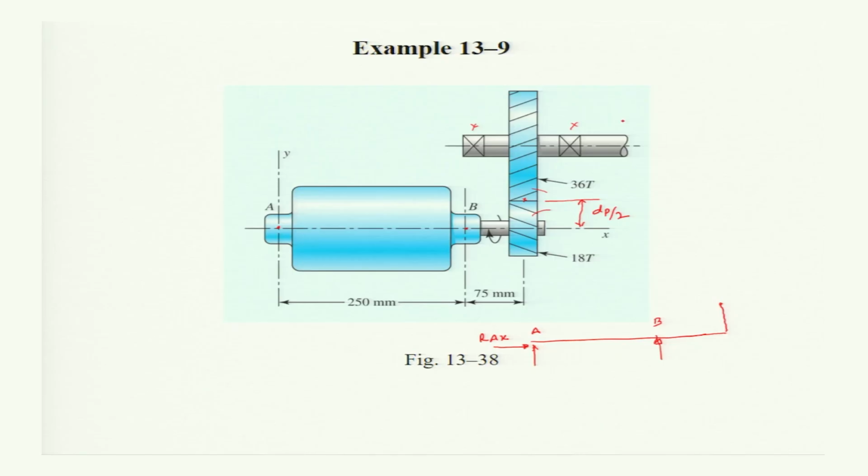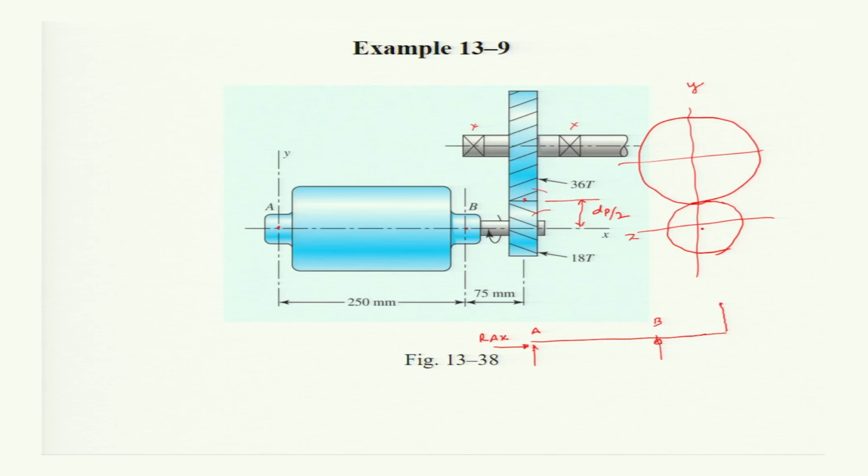Now, when you draw the side view, it will look like this. This is the pinion and this one is the gear. The gear is drawn smaller, and it is viewed from the positive x-axis, which is perpendicular to the screen in this figure, because this is the y-axis and this is the z-axis.